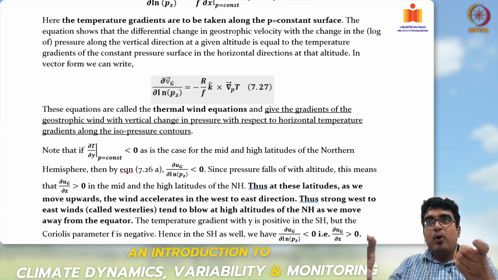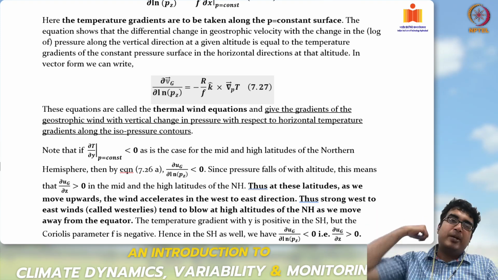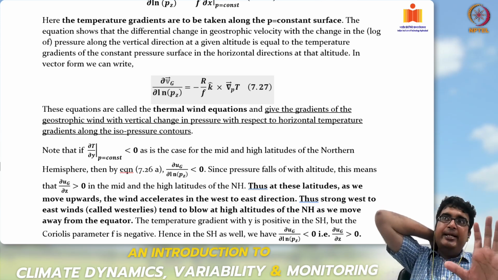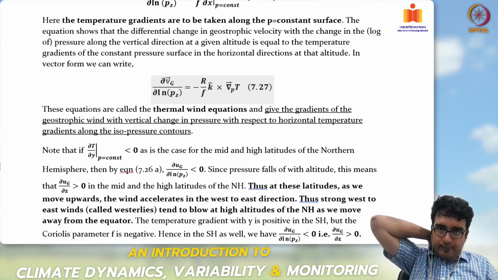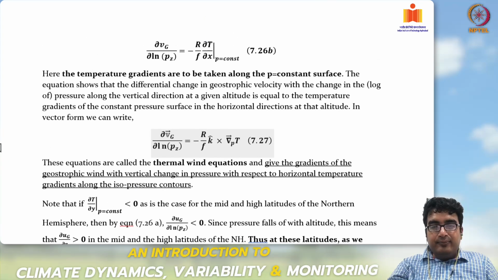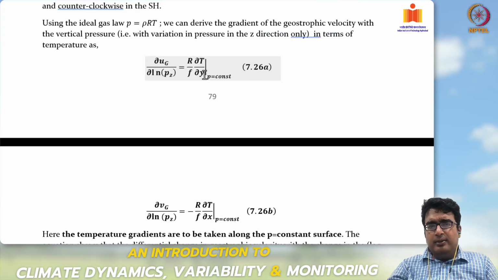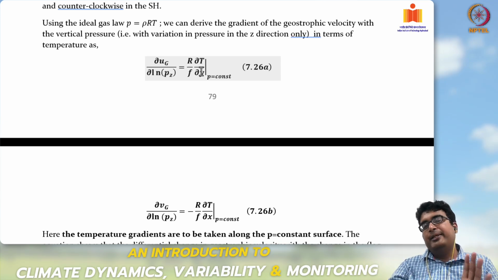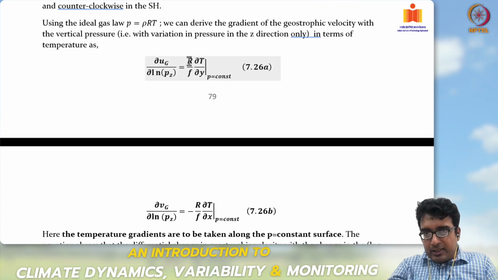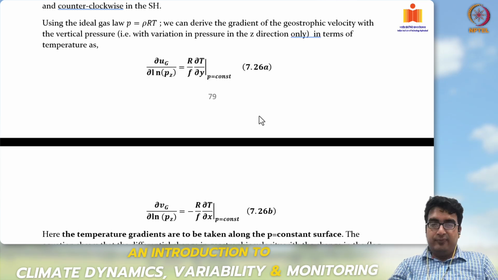So del T del Y along an isopressure contour is generally negative. Okay. So what this means is, this term here is negative. Coriolis force parameter is positive in the northern hemisphere. This term is negative in the northern hemisphere. So this term in total is negative.